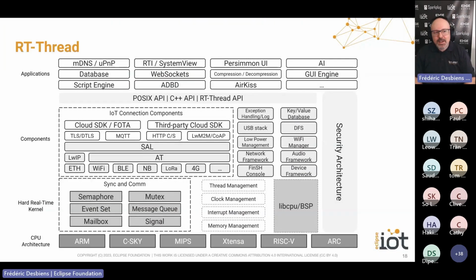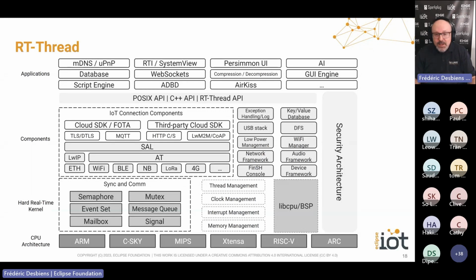And finally comes RT-Thread. So I don't need, I suppose, since this is an RT-Thread conference, to cover the architecture diagram in detail. What I really like about RT-Thread is, of course, the set of low-level primitives that are available, the nice segmentation of the board support packages and things like that. And of course, the richness of the stack with implementations for MQTT, lightweight M2M, and CoAP. So no need to re-implement that or even be worried about it.